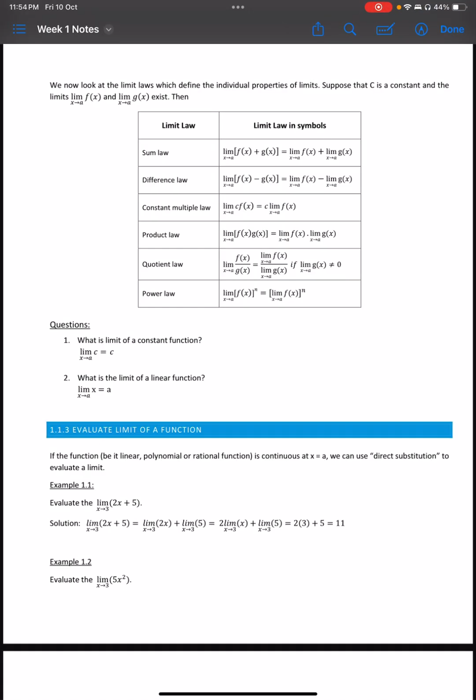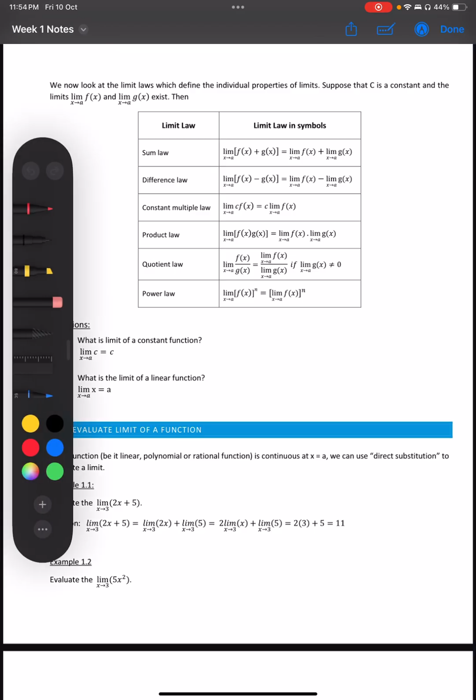Okay, we now look into the limit laws, in the second subsection. The limit laws obey these six laws here. First, the sum law: if you have two functions, f(x) and g(x), for example f(x) is 2x plus 3, and then here you have a polynomial function like this.